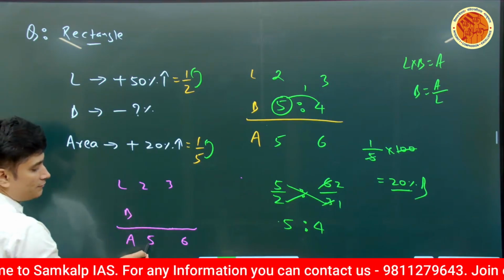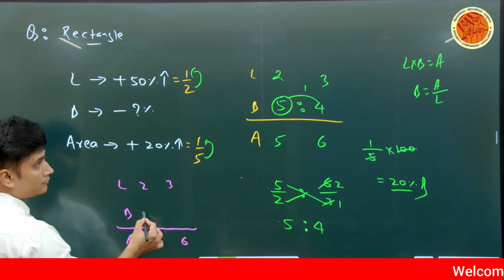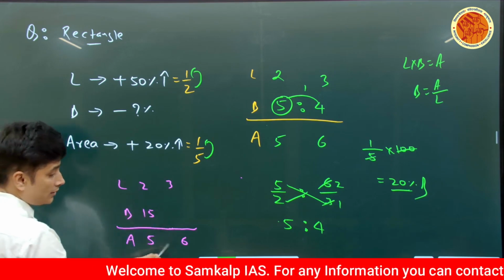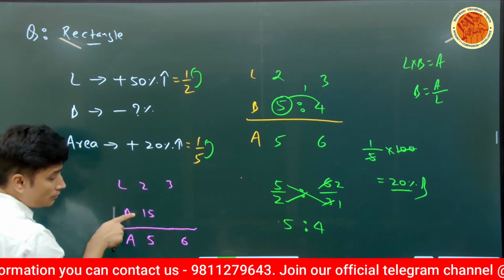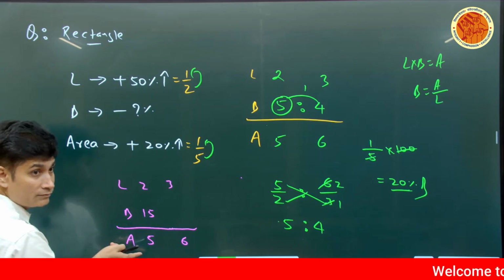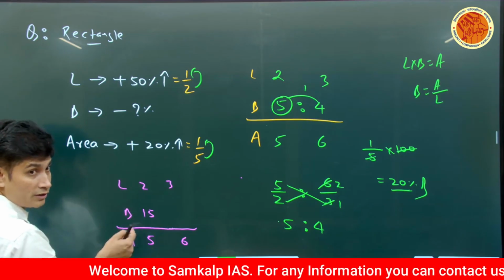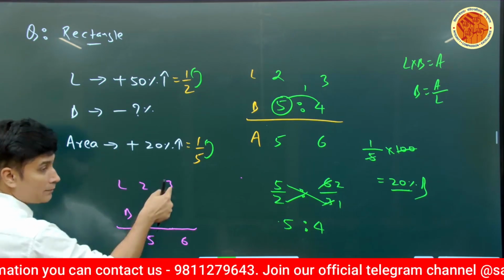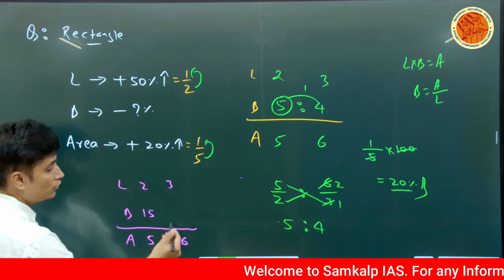Length is this, 5 should be multiplied with 3 and write 15, and 6 should be multiplied with 2. Why? This relationship was direct. Breadth has a direct relationship with area, and length has a direct relationship with area. So the relationship is direct, multiplication will get inversed. So 5 multiplied with 3 will give you 15, 6 multiplied with 2 will give you 12.